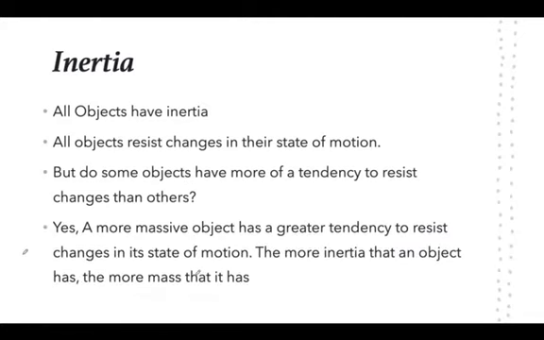A more massive object has a greater resistance to change. So the more inertia that an object has, the more mass that object has. Inertia and mass are very closely related. A more massive object is going to be harder to move or to stop moving if it was already moving. So more mass, more inertia.